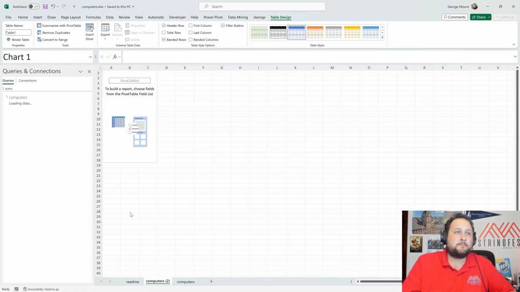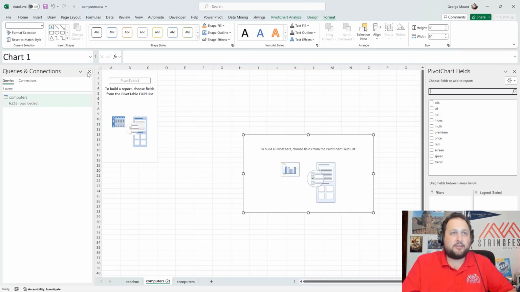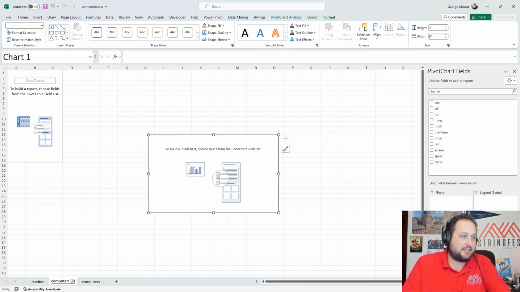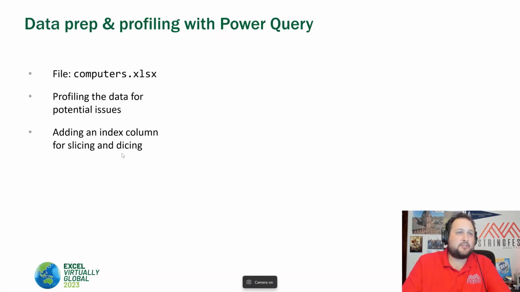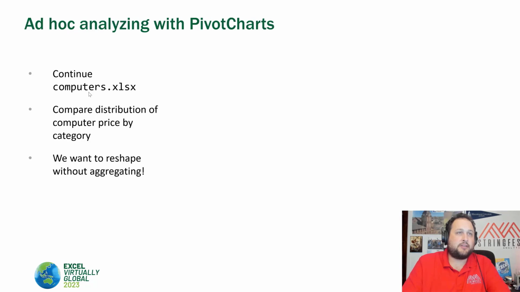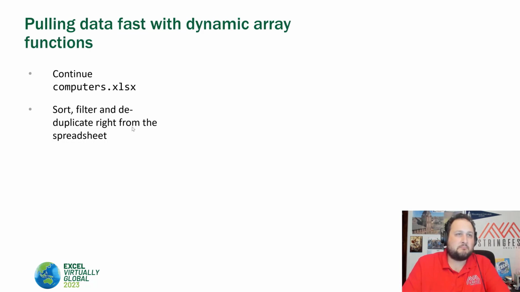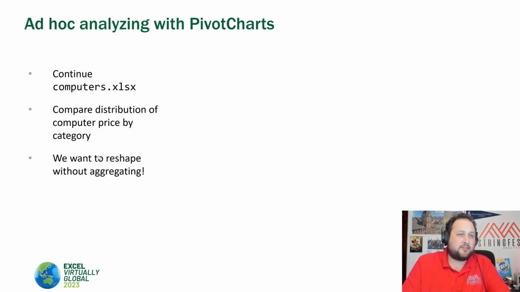Click OK. Okay, so my goal right now is, and let's go back briefly to the slides. So we did our data profiling. Now what I want to do is compare the distribution of computer price by category. I think I'm going to do by CD-ROM actually. Okay, we want to reshape this data. Oh wait, this is not exactly right.